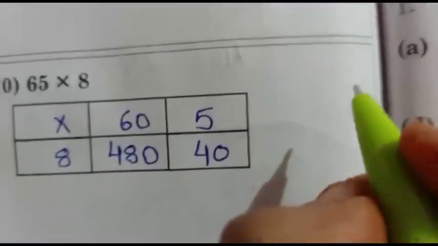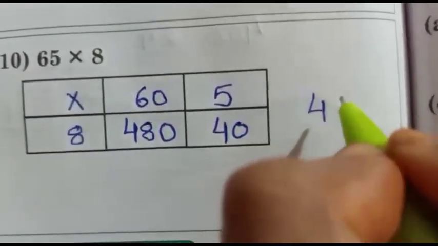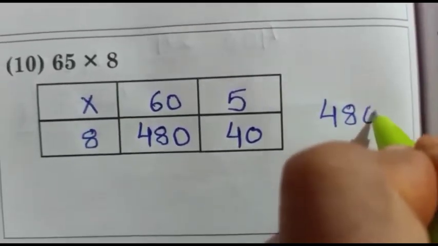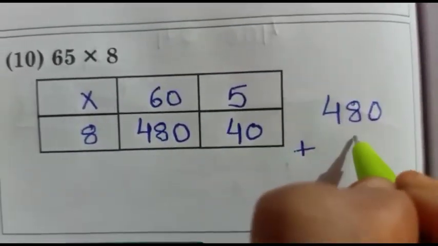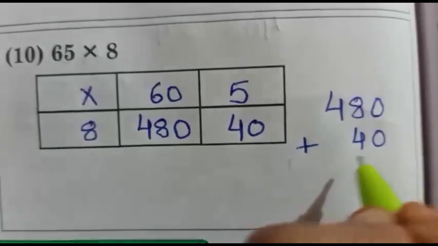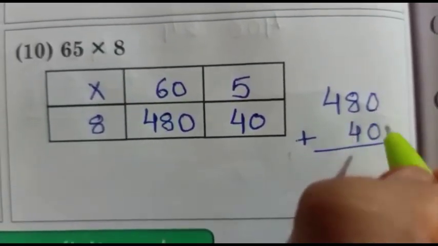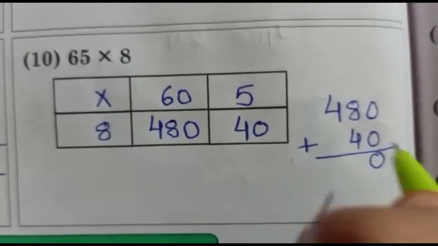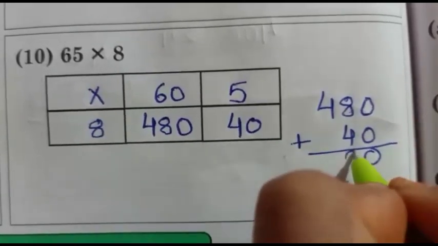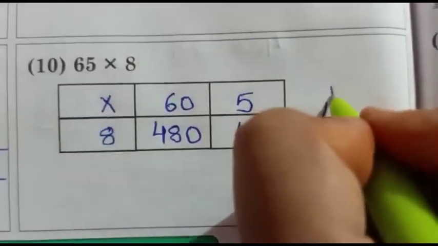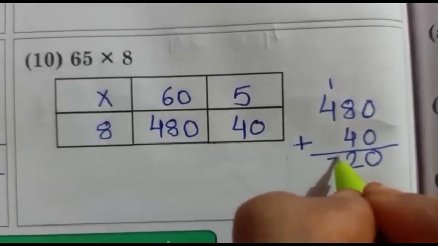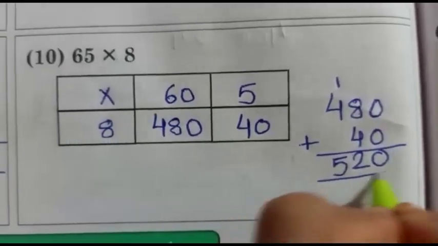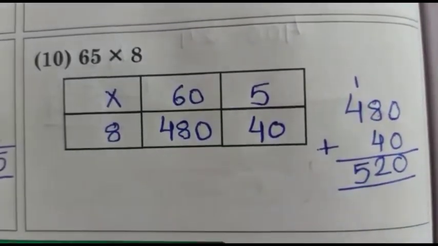Now let us do the addition. 480 plus 40. Okay, 0 plus 0 0. 8 plus 4 is 12. So 2 you will write, 1 you will carry. 4 plus 1 is 5. Answer is 520.